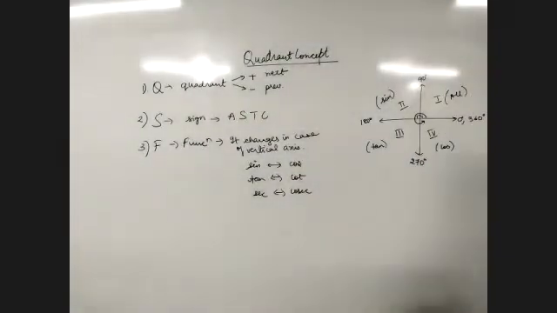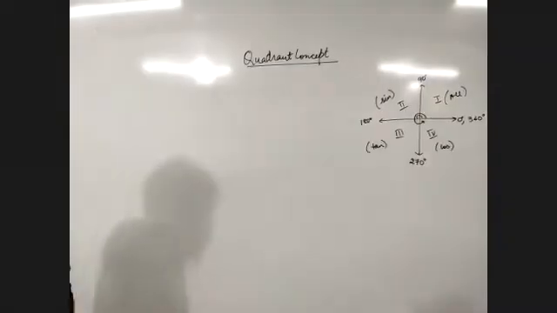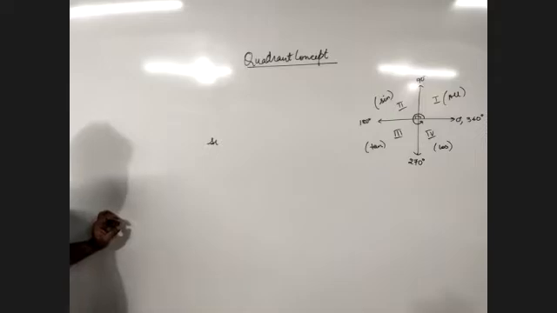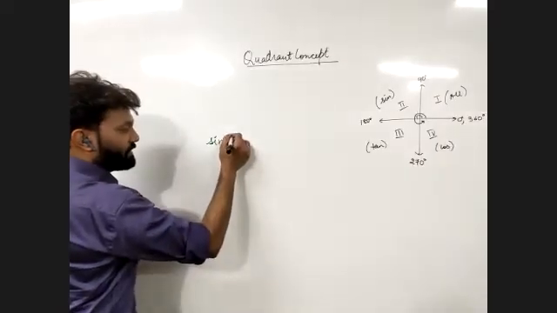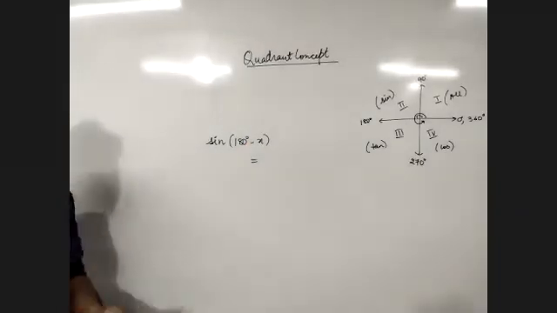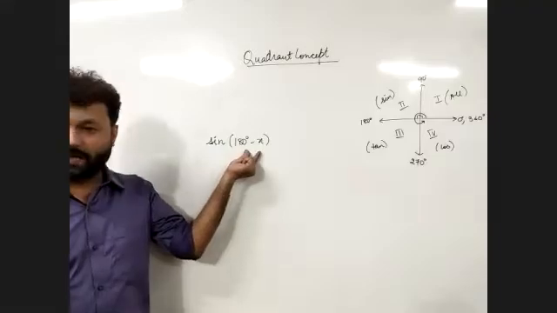Then I will tell you the application. Now look carefully. Say sine of 180 degrees minus x. We always follow this QSF. First of all, quadrant: 180 minus x.